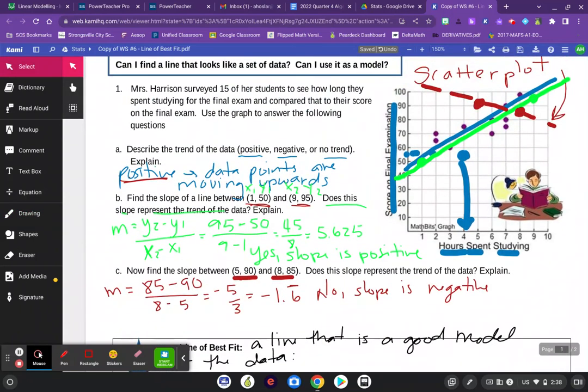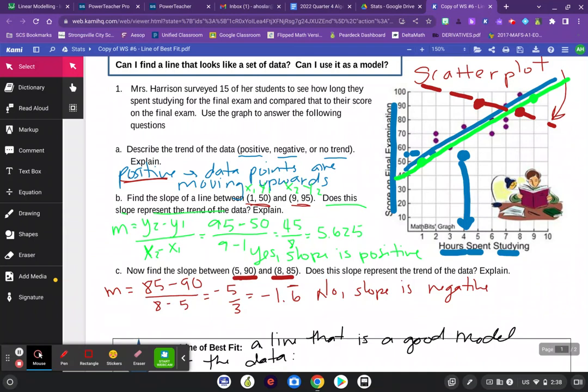And so notice that both my blue line and my green line are moving in the same direction as that data. Notice that these lines have a similar steepness to represent that data. Notice that my data points are about half of them above and half of them below that line. So it kind of feels like the line is moving through the middle of this data, okay?